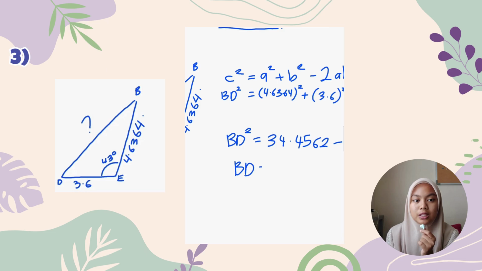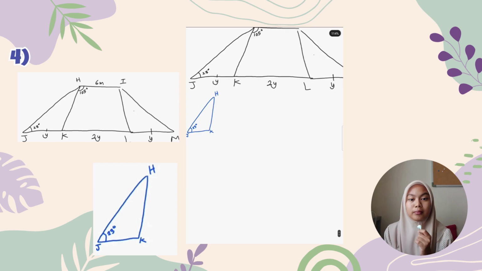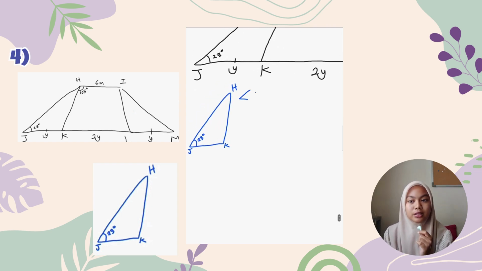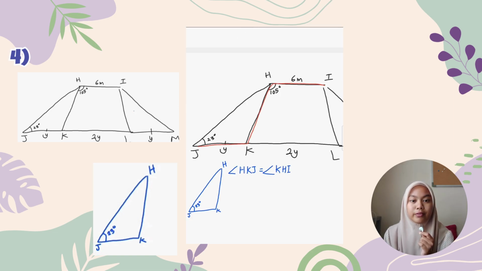So BD is equal to 3.1689 meters. By using the alternate interior angle, angle HKJ is equal to angle KHI, which is 105 degrees.